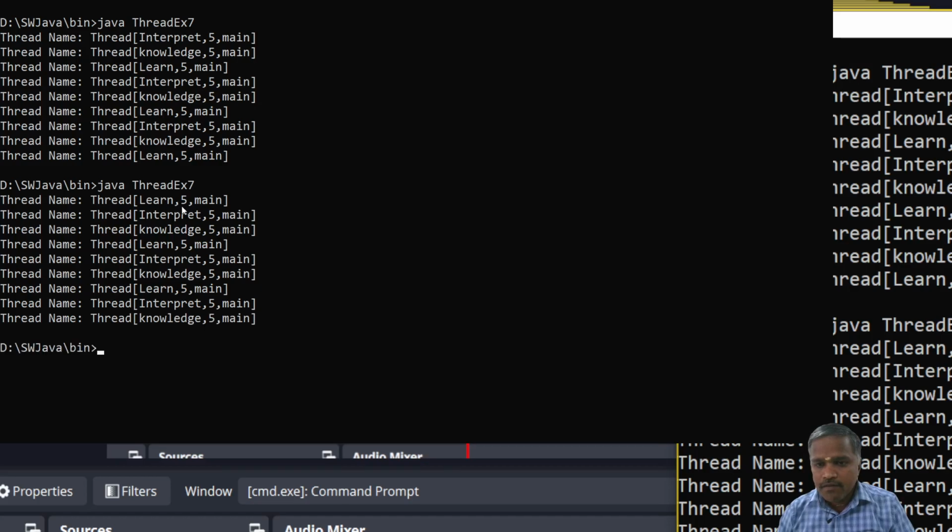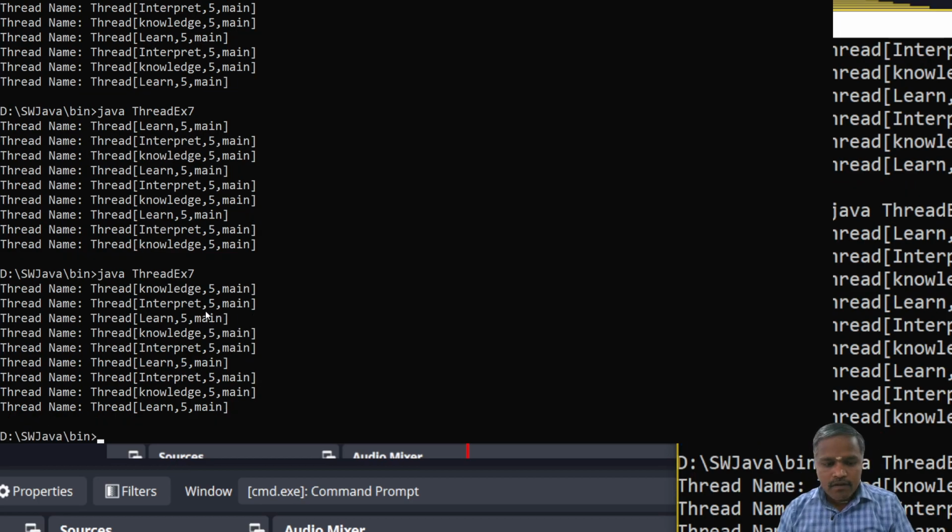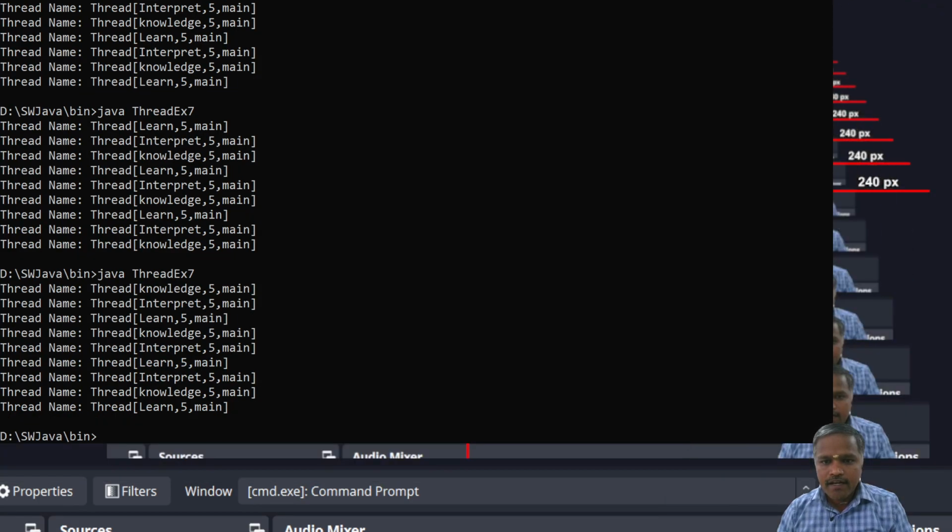In these two executions, the threads are allotted the CPU in a different manner. If I run for the third time, you look at that, knowledge comes first. So the CPU will be allocated to each and every thread in a different manner if the CPU is idle.